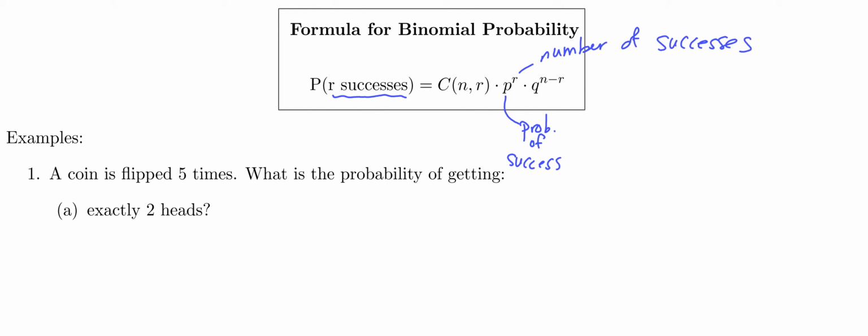Times q, the probability of failure, raised to the n minus r, where n minus r ends up being the number of failures.